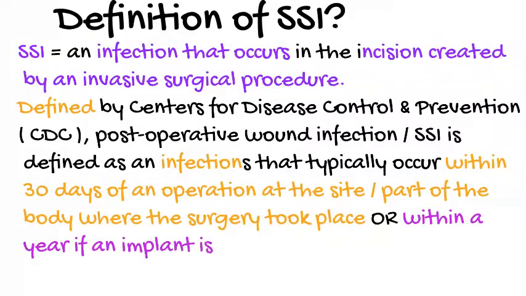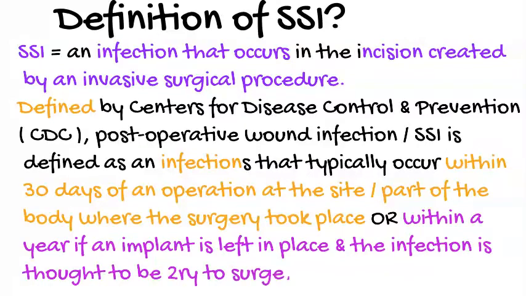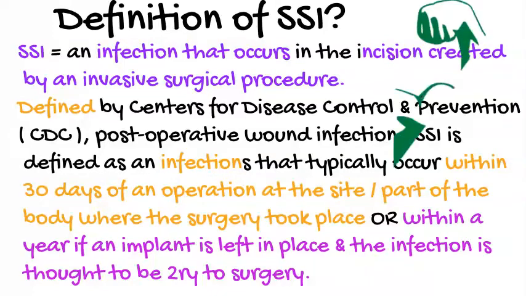Post-operative wound infection or surgical site infection is defined as an infection that typically occurs within 30 days of an operation at the site or part of the body where the surgery took place, or within a year if an implant is left in place and the infection is thought to be secondary to the surgery.